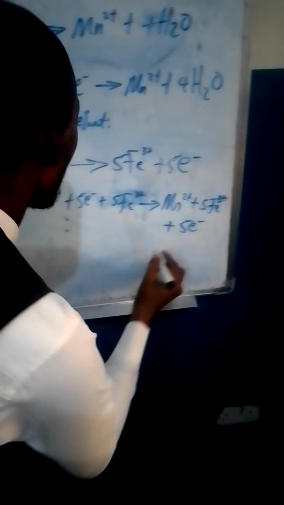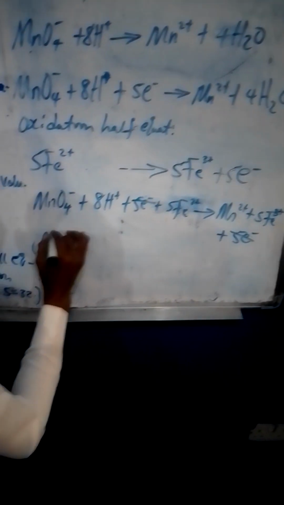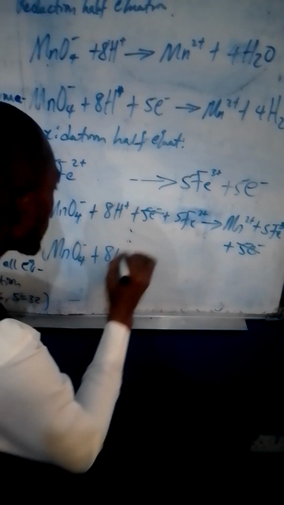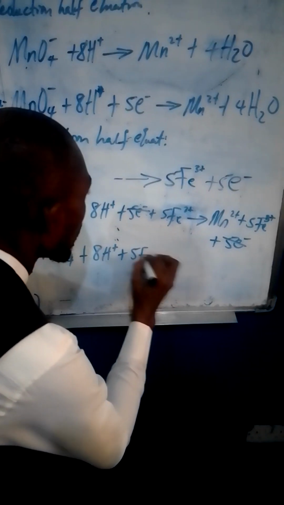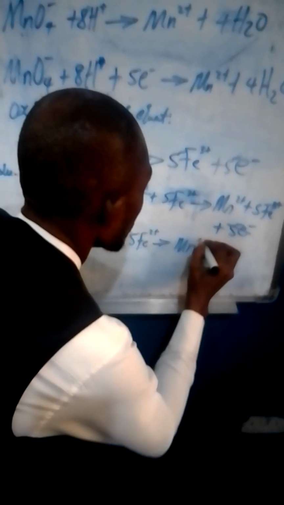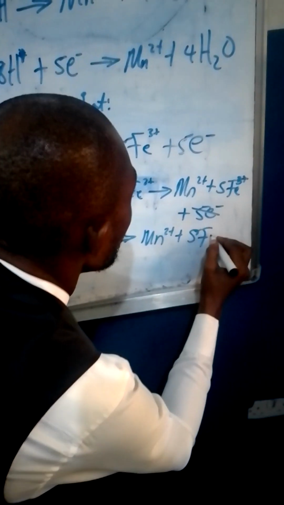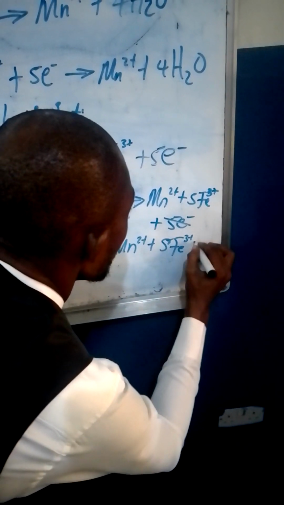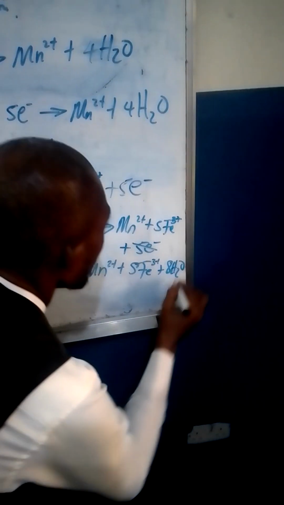So the electrons will cancel. So the overall balanced equation is MnO4 minus plus 8H plus plus 5Fe2 plus to give us Mn2 plus plus 5Fe3 plus plus 4 molecules of water. That's the balanced equation.